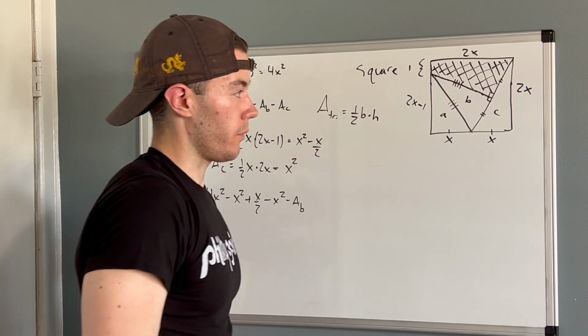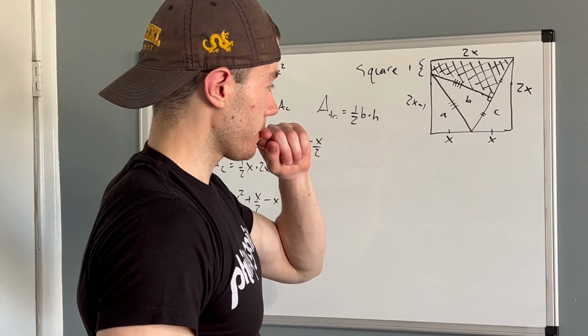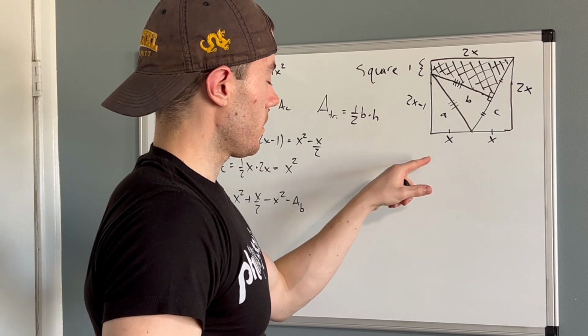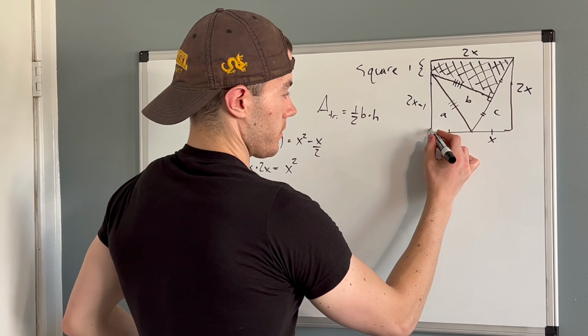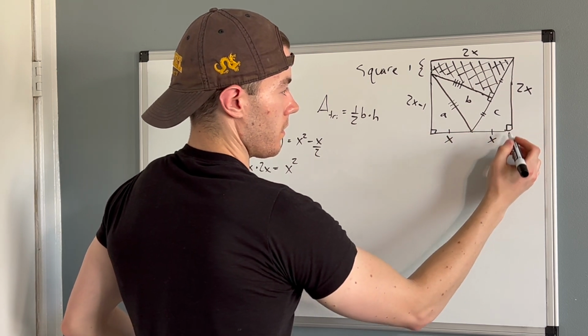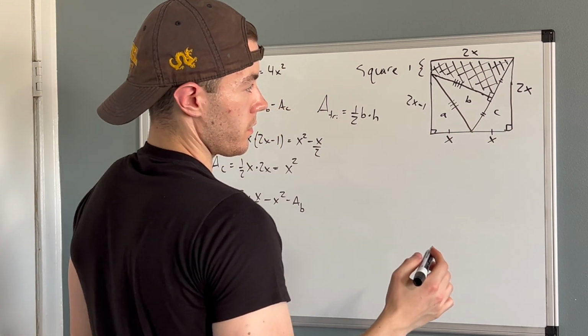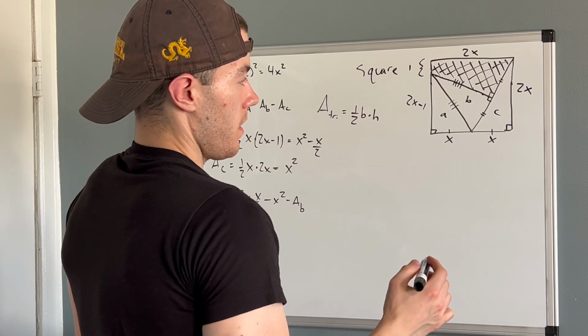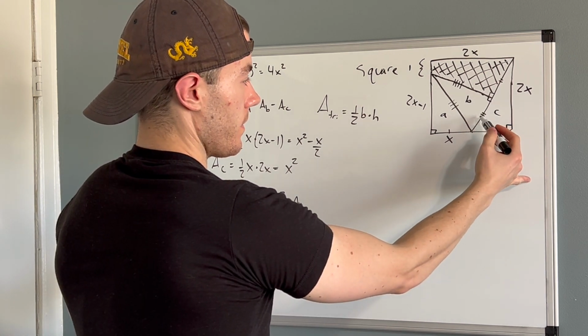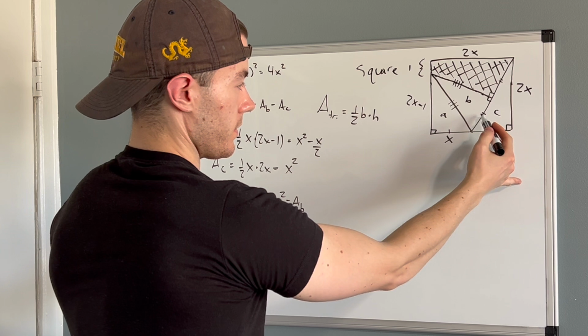How are we going to find out what B is? So these are right angles, of course. We can find out the base of B. The base of B is this 2.